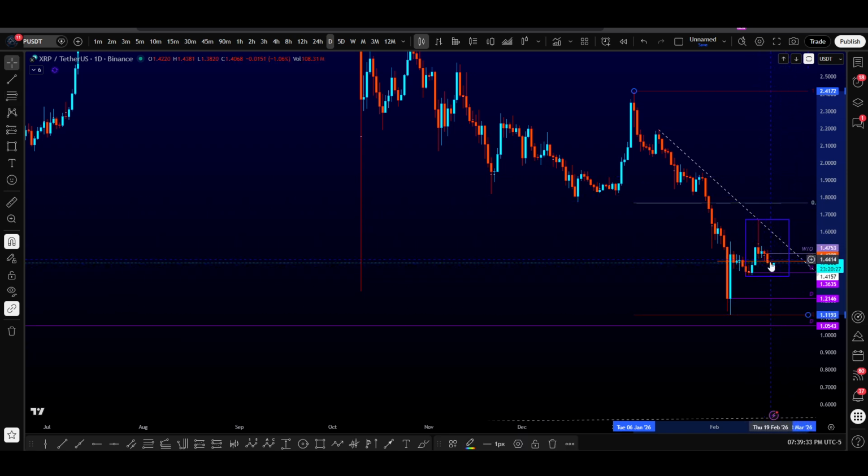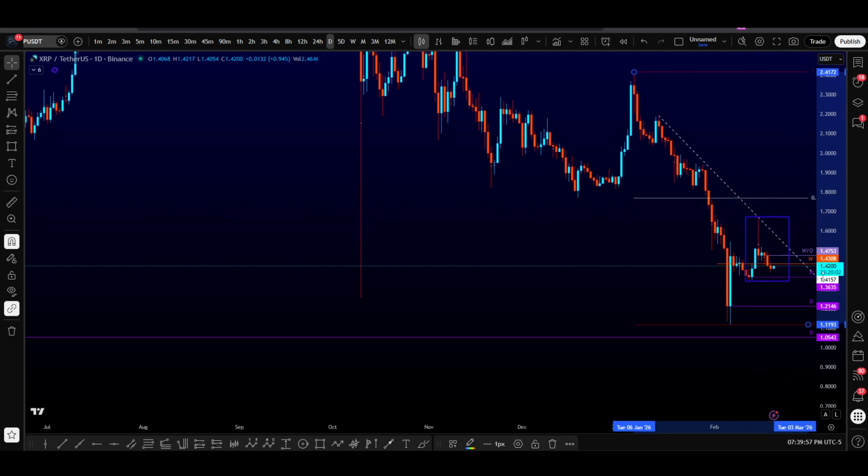So if we do hold this low right here and attempt to close this week above last week's close or open, I can expect a pretty big pump to at least get us to the 1.77 range. Obviously, Bitcoin has to line up with that analysis too as well. But in my opinion, that's a very interesting target to try to hit, right?